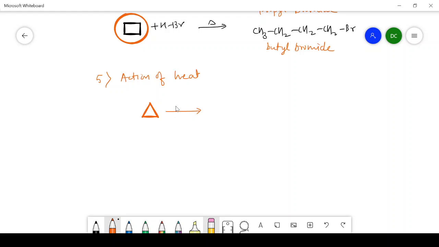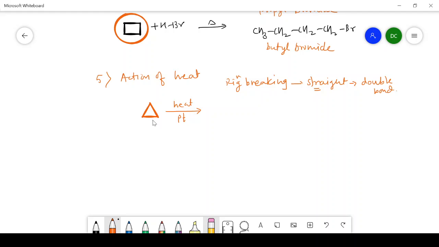When it is heated in presence of catalyst platinum, then once again a ring breaking occurs, and with the formation of a straight chain compound, but this straight chain compound contains a double bond. Which bond? A double bond. So keep in mind, in action of heat, ring breaking also occurs with the formation of straight chain compound, but the straight chain compound is having a double bond in the structure.